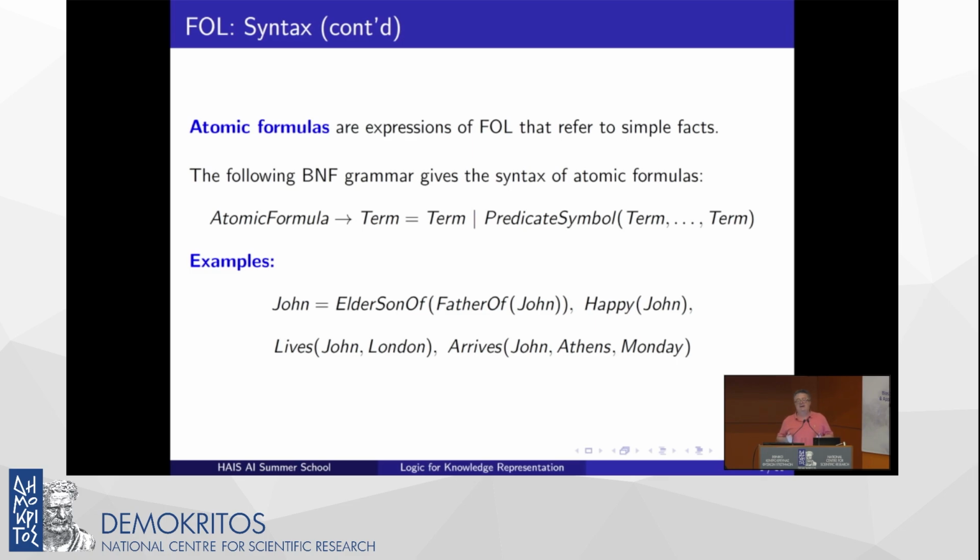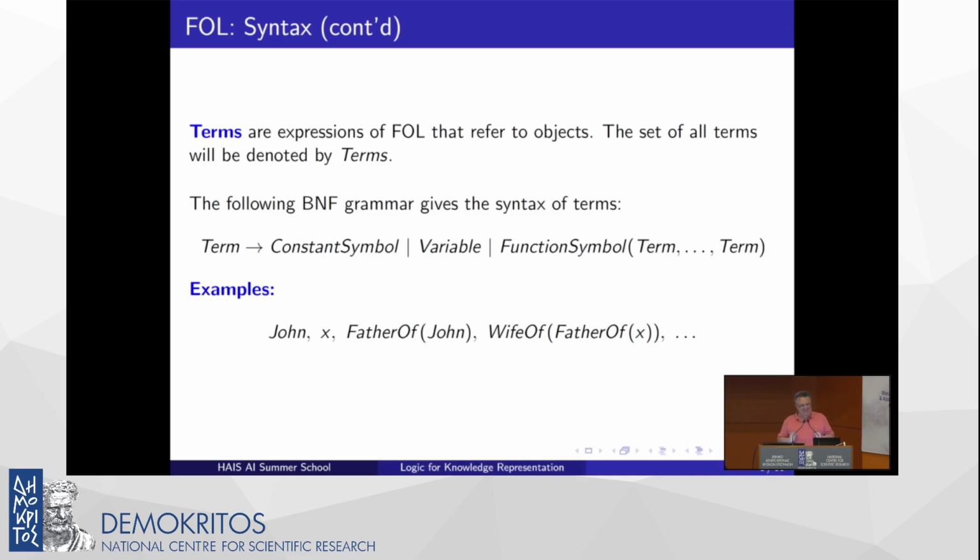And I didn't say one thing, terms denote things in the world. So John denotes somebody who is sitting over there, let's say. Wife of father of X will probably denote the lady, okay, in the world.